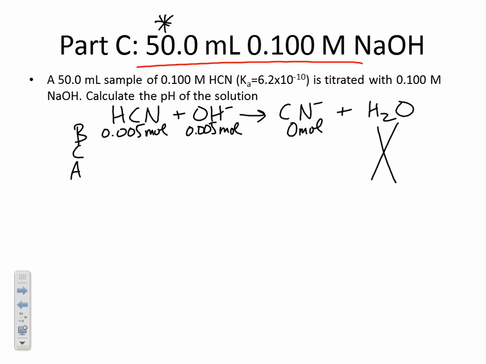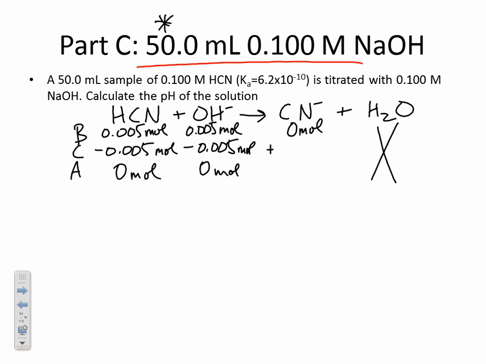So at this point, you should recognize this as being the equivalence point, right? You have equal amounts of moles, stoichiometrically equivalent moles of the acid and the base. So they are both going to be completely consumed because they are using one another up. So I don't have any moles of them left over.